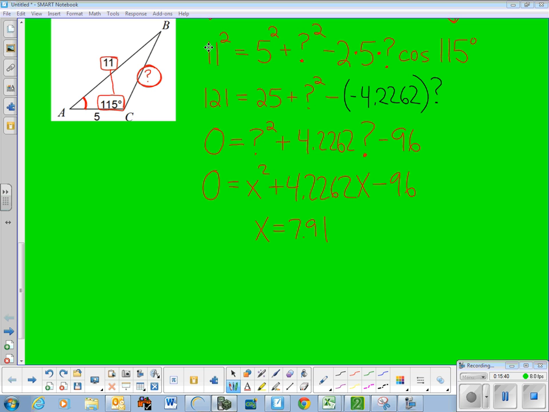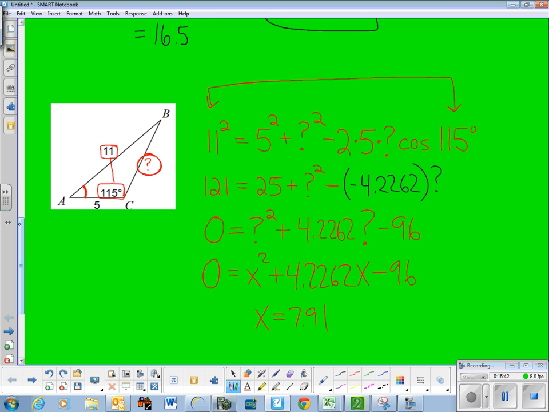Okay, so far in this multi-step question, I've got 7.91 here. The other answer to the quadratic would have been a negative number that wouldn't make sense. Sometimes it does, sometimes it doesn't. We'll get to that more later. But all I've done so far is figure out that this side length is 7.91. Now what am I going to do? I've got options. I know all three sides, so I can use Heron's.